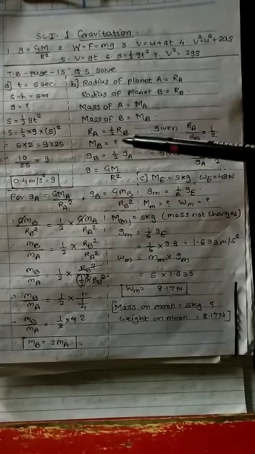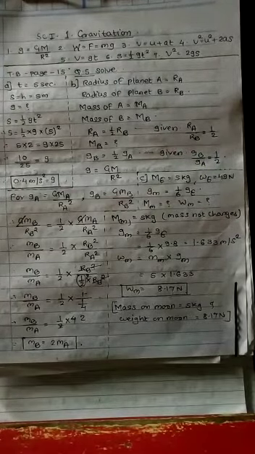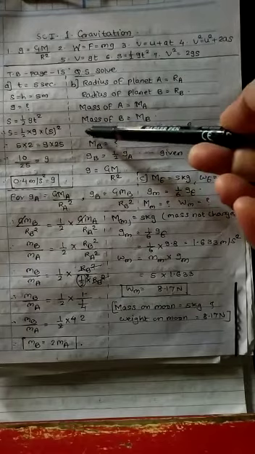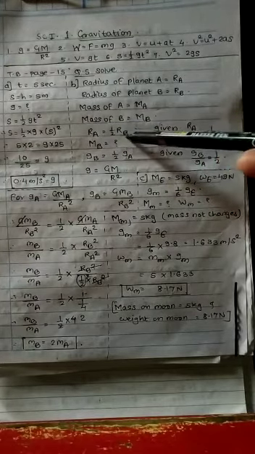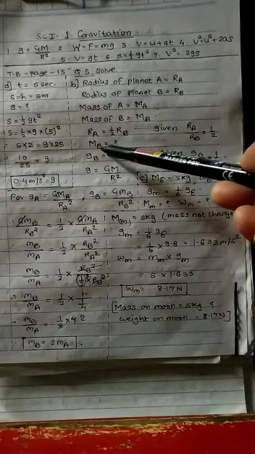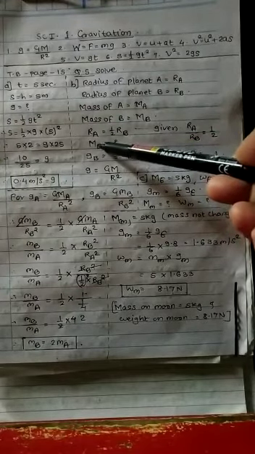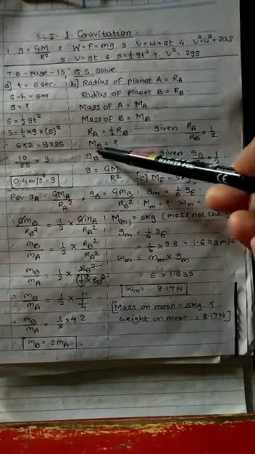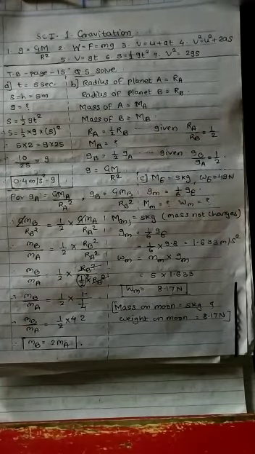So what is given here in that particular sum? The radius of planet A is half the radius of planet B, that is given. Then here we have to find out MB, that is the mass of planet B.